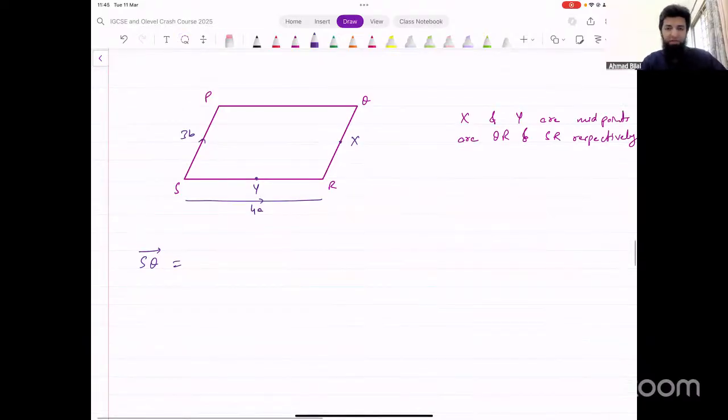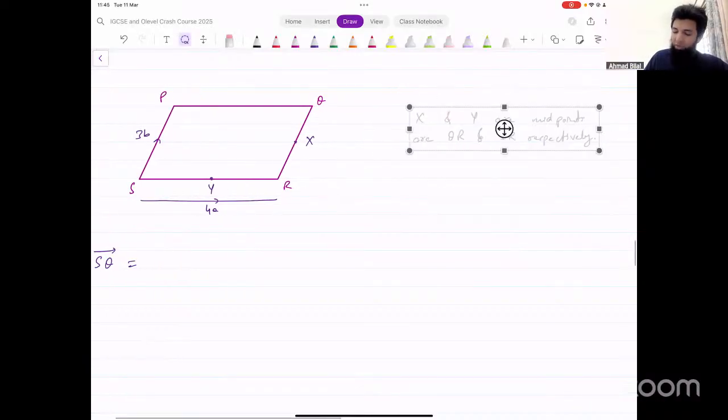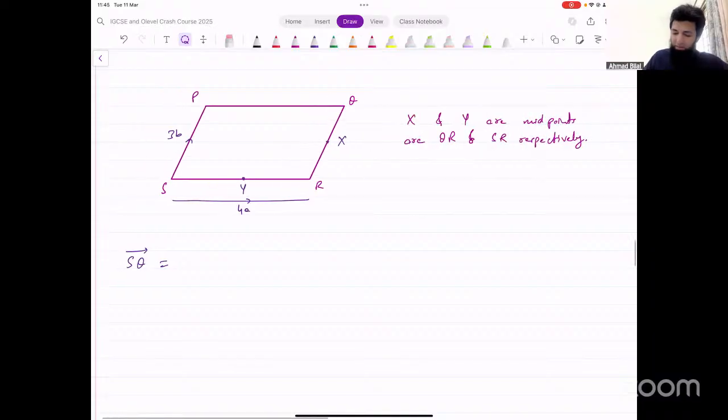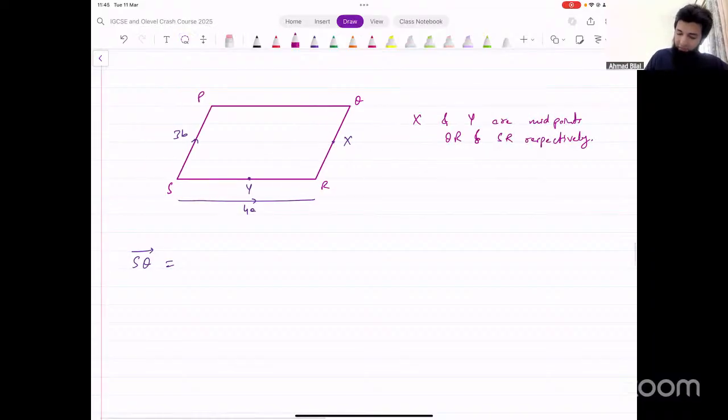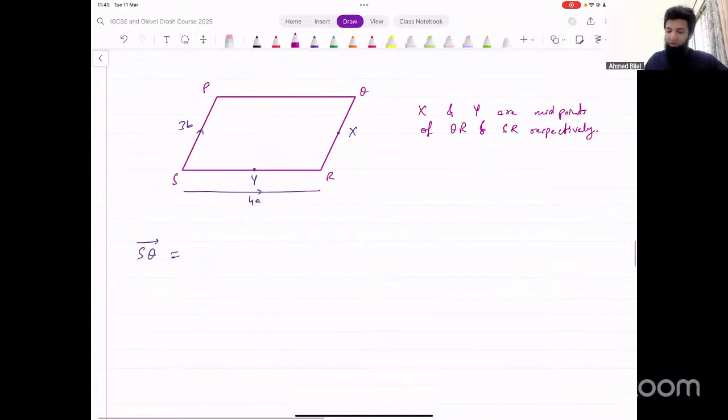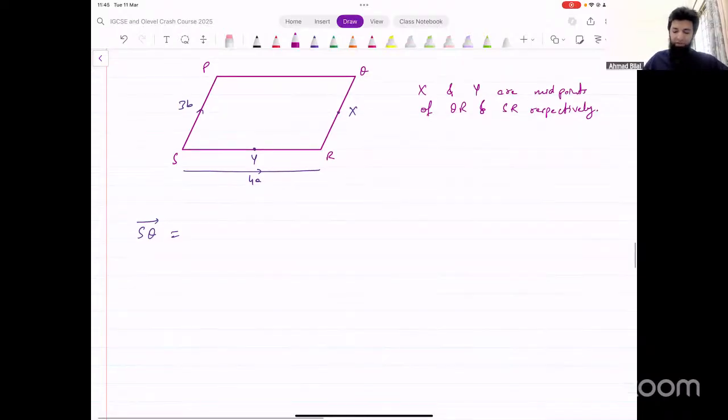So we have a parallelogram like this, in which we know one vector SR that is 4 times A, and another vector SP that is 3 times B. And we know that X and Y are midpoints of QR and SR respectively. That's the situation that we have.